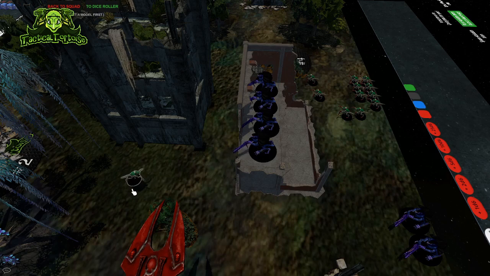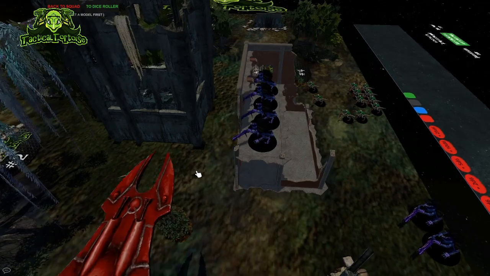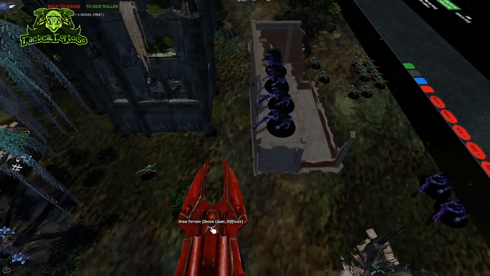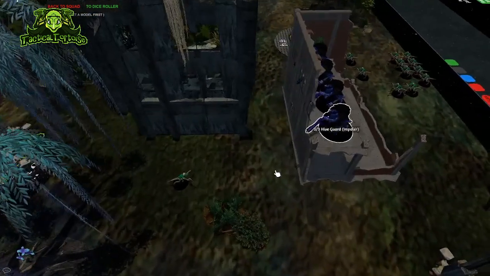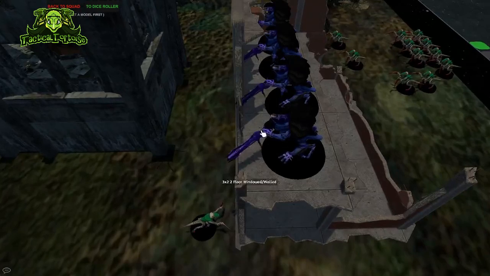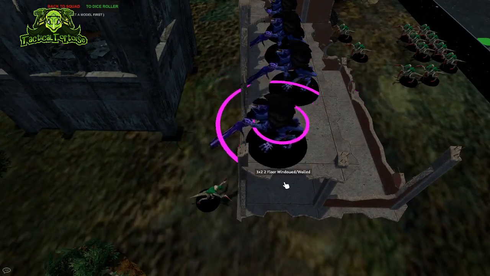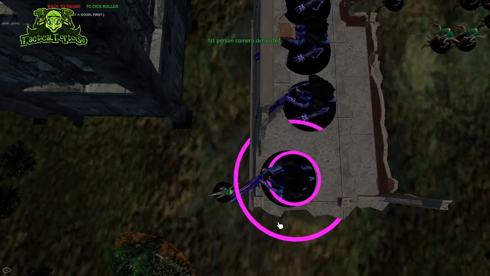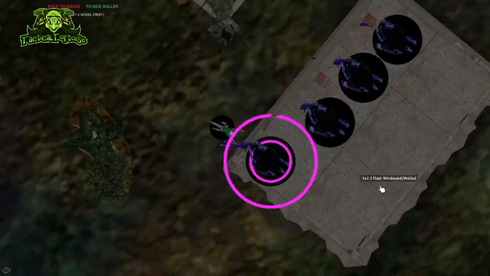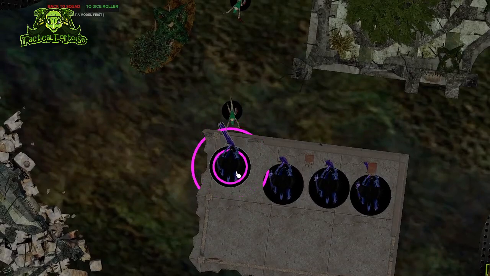You measure the 9 inches between the bases, so it will be this distance at an angle. However, if that Hormigant went to go charge the Hive Guard, it would only have to move to within an inch of the vertical cylinder that's around them. Basically, this cylinder, and if we go to a top-down view, is where you'd actually have to make it with a charge to get into range of that model.